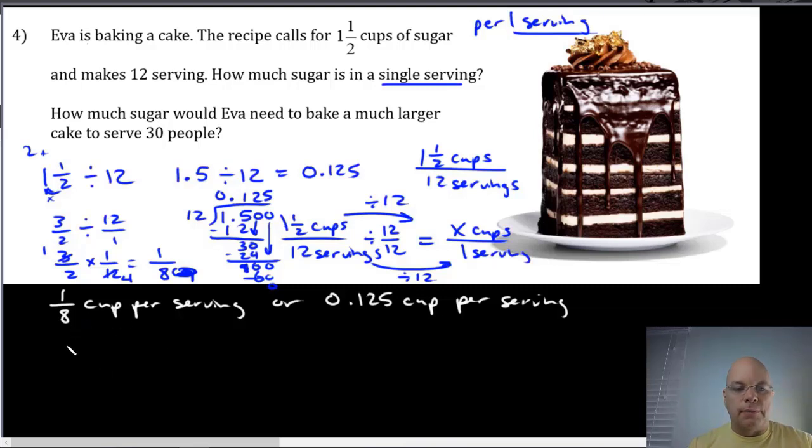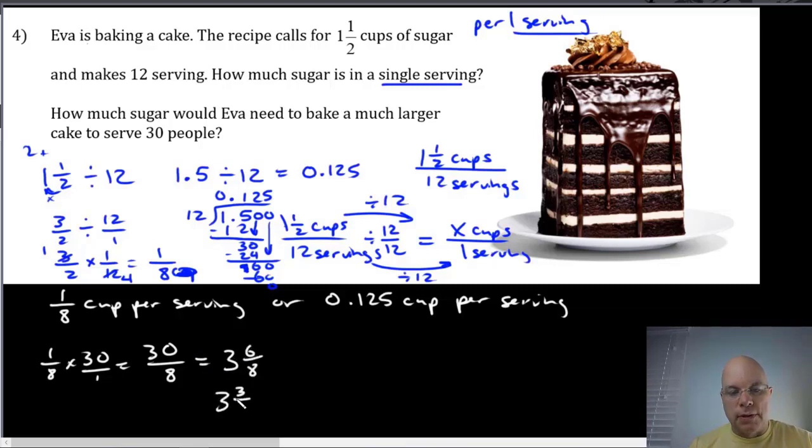This is the amount per one serving, so 1/8 times 30 is 30/8. There are 3 8s in 24, so this equals 3 wholes and 6/8 left over, which is 3 3/4 cups. That would be for 30 people.